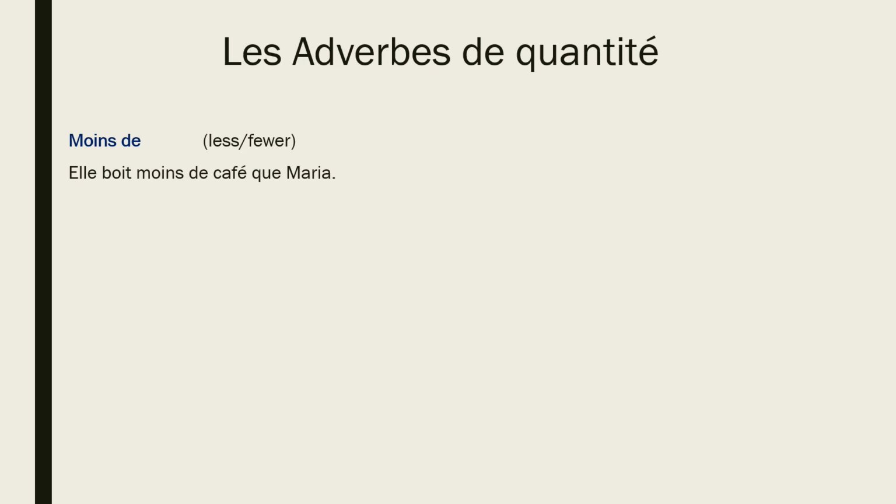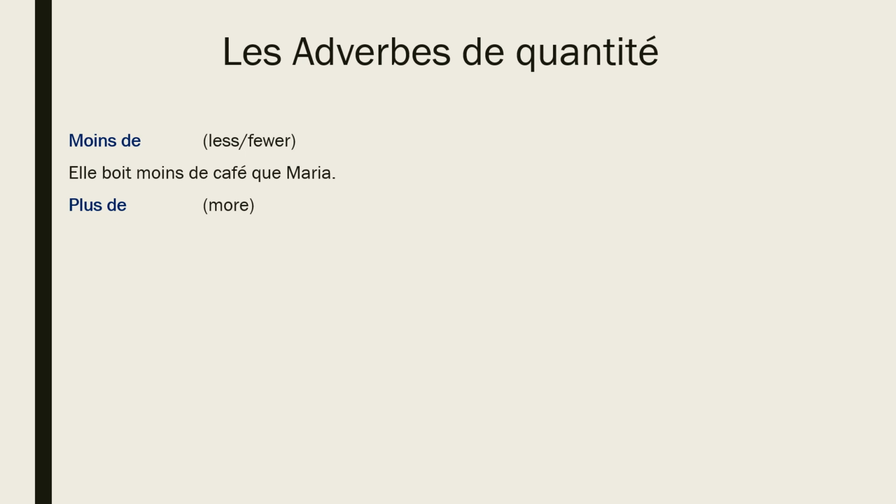It means she drinks less coffee than Maria. So whenever we use moins de, the structure will be moins de plus any noun, then plus que, Q-U-E, then we will add the name of the person or whatever we are talking about.